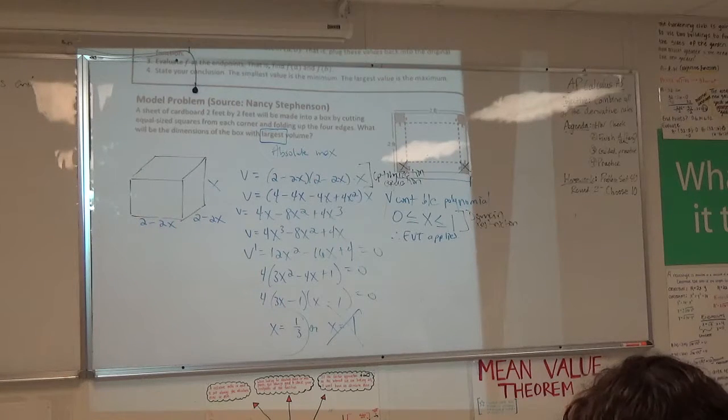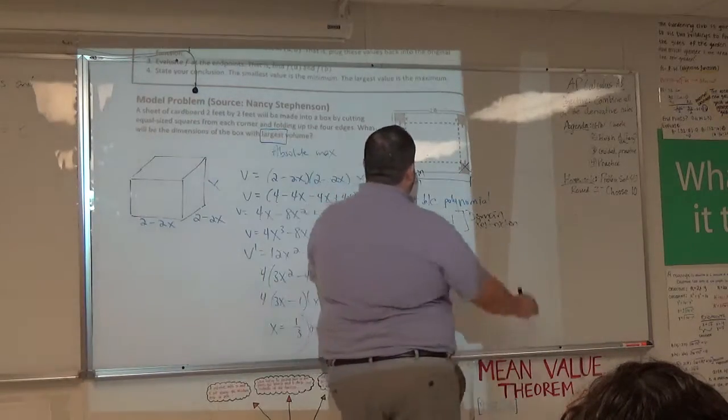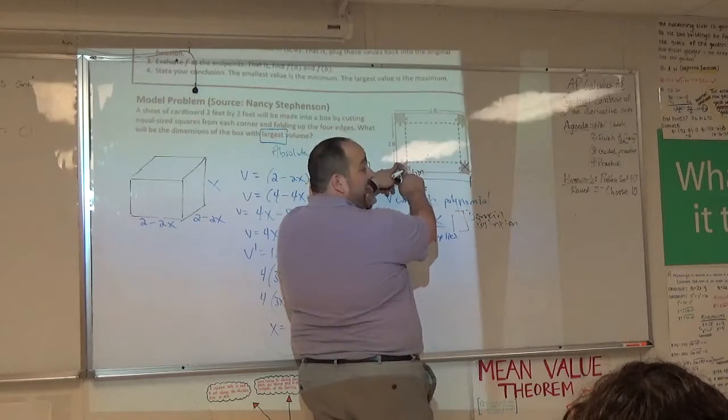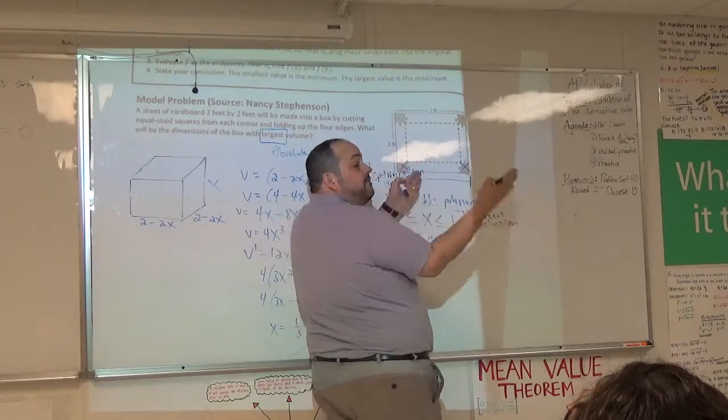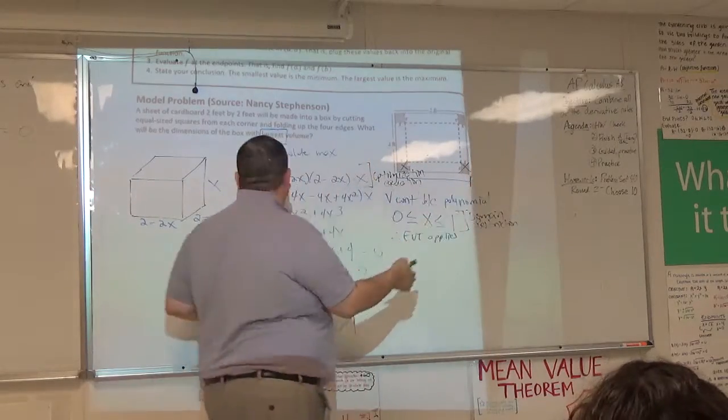Volume at 0, we go all the way back to the beginning. 2 minus 0 times 2 minus 0 times 0 is 0. Hopefully this one makes sense. Myra, why does this one make sense to you? If x is equal to 0, what you're saying is I didn't actually cut a box out of the corners, so I can't fold my sides up.